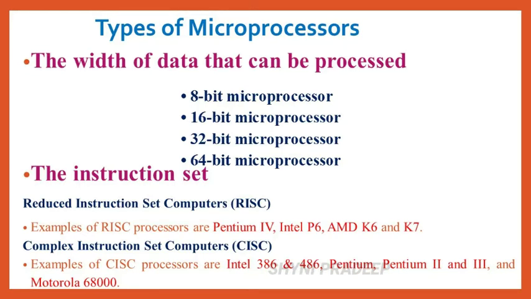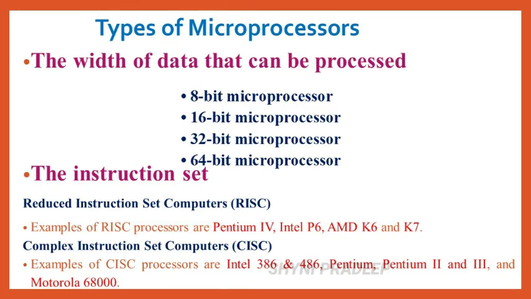Next, classification of microprocessors based on instruction set. There are two types of microprocessors based on their instruction sets. What are they? Reduced instruction set computers, which means RISC, and complex instruction set computers, which means CISC.